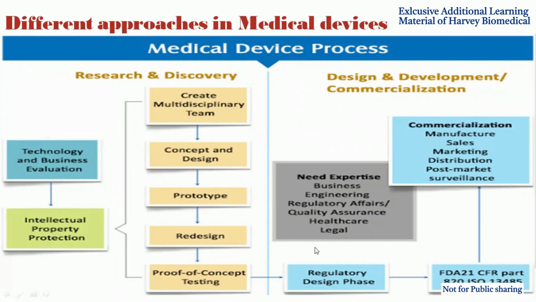The regulator will verify FDA 21 CFR Part 820 or ISO 13485. All these compliances will be verified parallelly with our facility, and we will go for manufacturing and submit to the regulatory bodies. Then our commercialization team will verify manufacturer, sales, marketing, distribution, post-market surveillance. All activities will be involved once the product is manufactured.